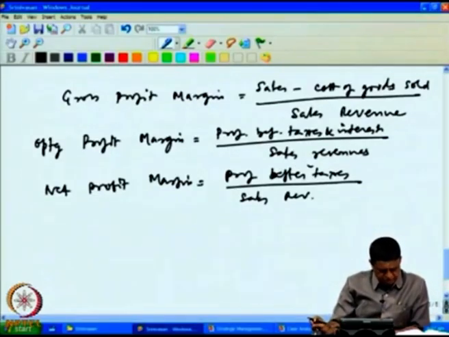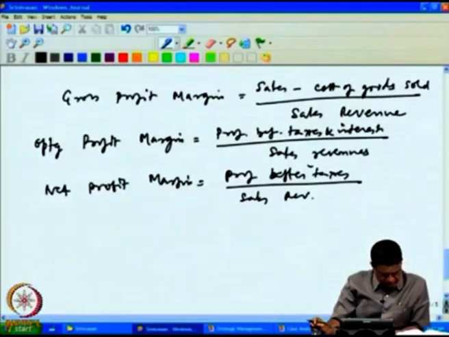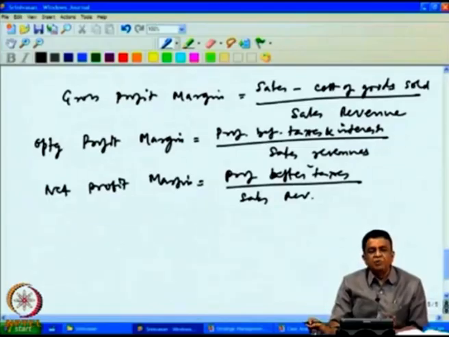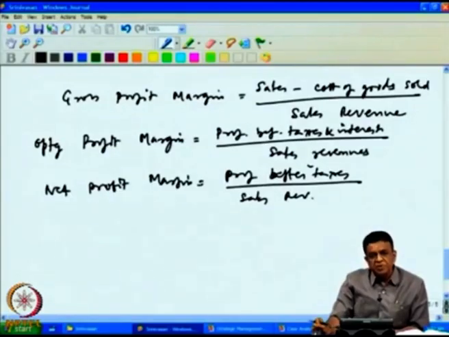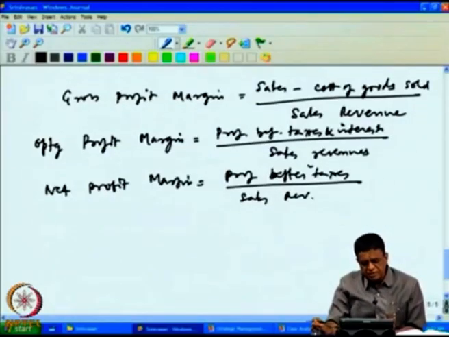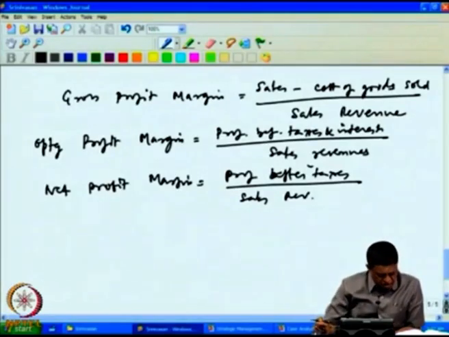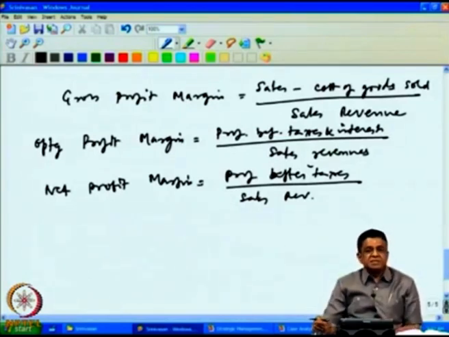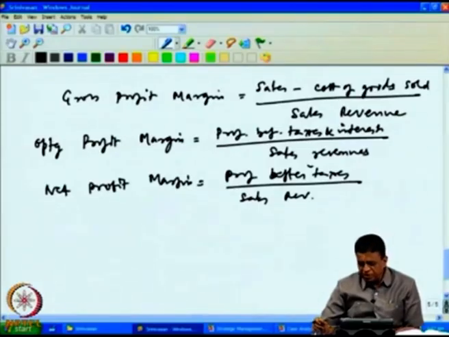Subpar profit margins indicate that the firm's sale prices are relatively low or that its costs are relatively high or both. Suppose the company is not able to really get profit margins after this, it shows that its operating costs are high or its sales prices are relatively low, that is, it could have priced its product higher in the marketplace but is not doing it.